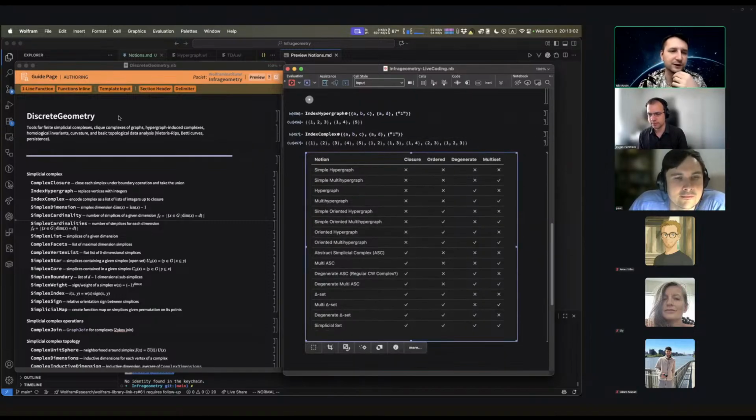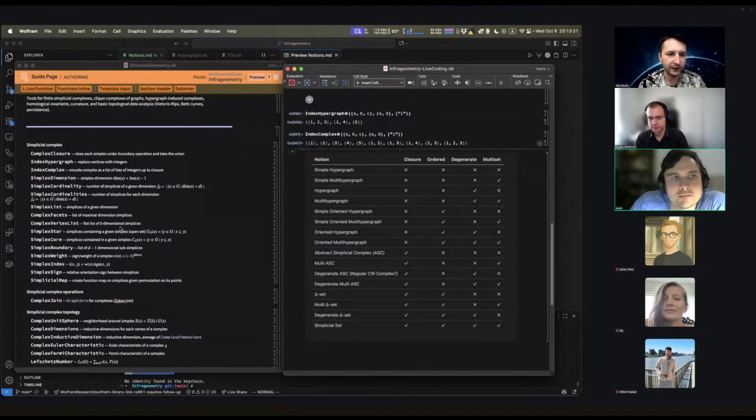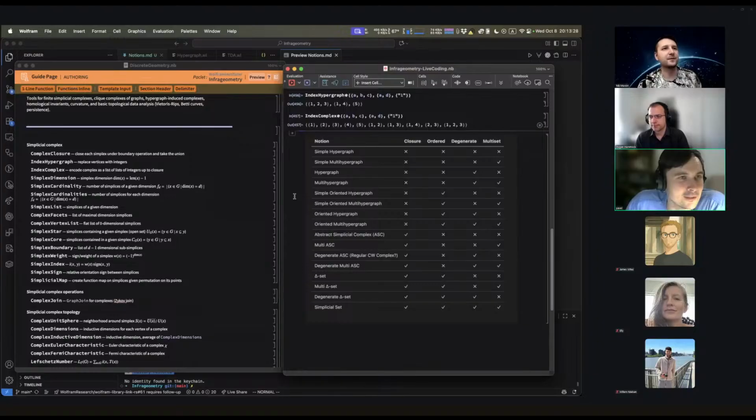And the idea for this Paclet is to support all of those, and on top of that, also more general things like even CW complexes. I guess we have to generalize it further, to not just have this list of lists, but maybe some matrix that represents how the things are glued together, right? You can always get from any of these more general definitions, but it's kind of a wrong-way procedure, because you can always take the union.